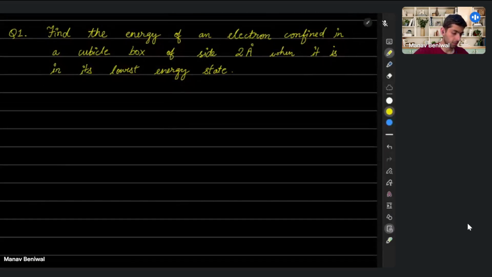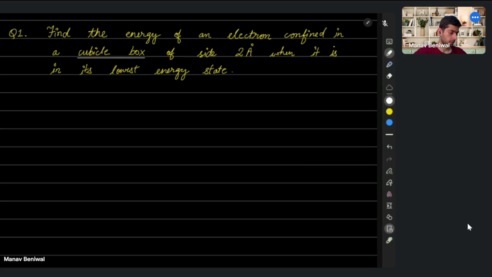So the question asks us to find the energy of an electron confined in a cubic box. Note that the box is cubic, which means we are talking about a three-dimensional system.